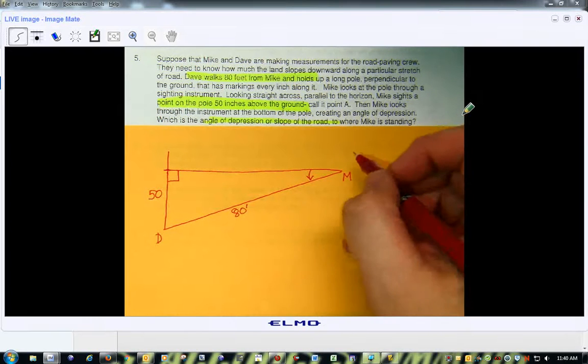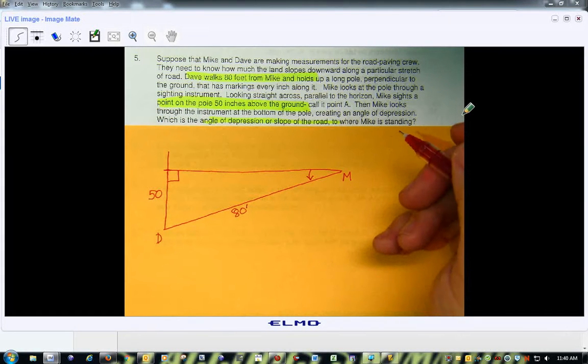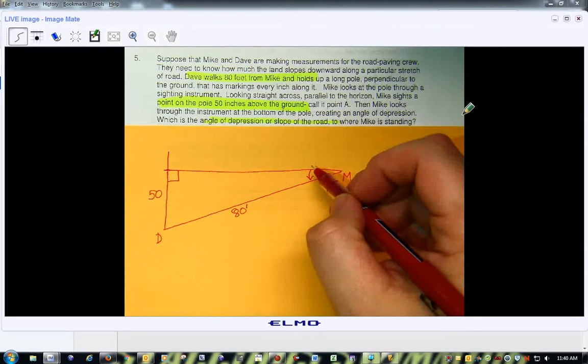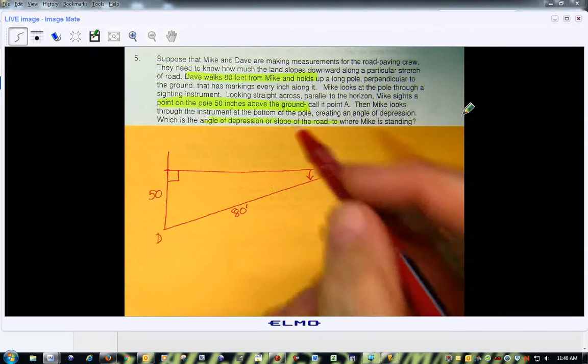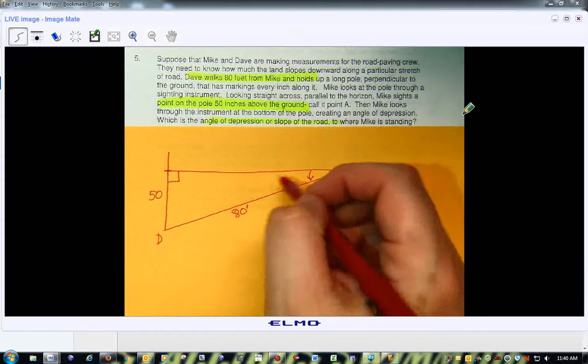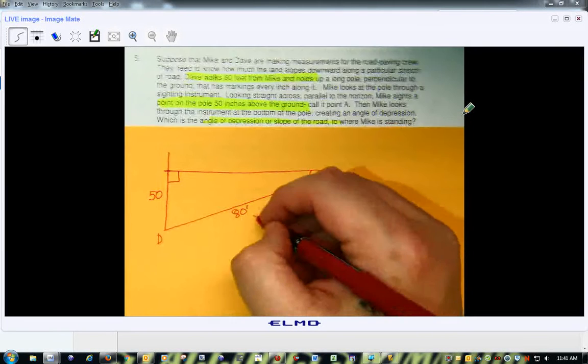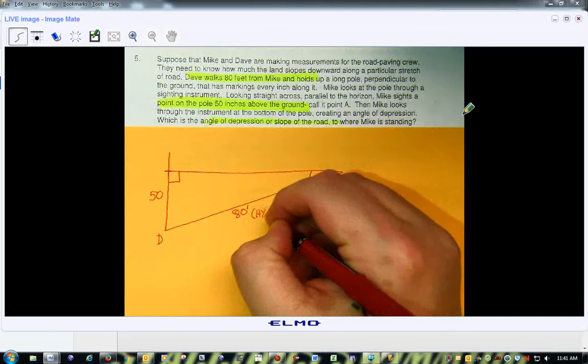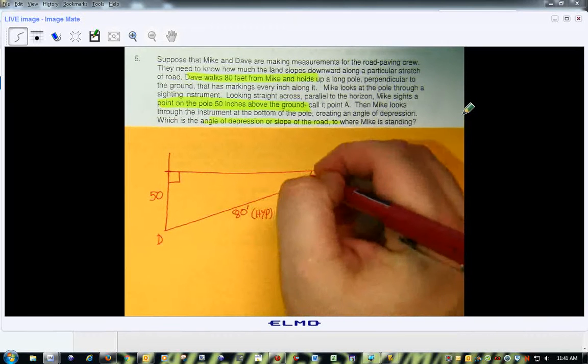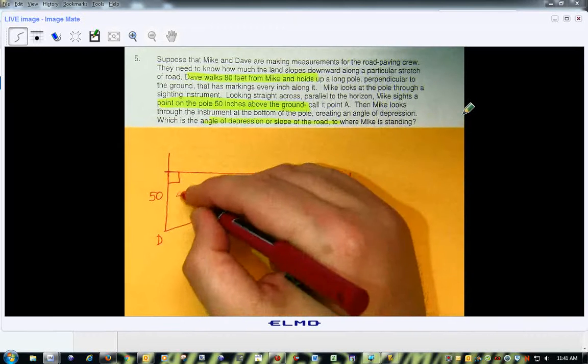So with our angle, we're going to have to use those inverse trig things. Now, based on this angle, where's the hypotenuse? Which one's the hypotenuse? 80. So this is my hypotenuse. Now, the 50, is that the opposite or the adjacent?